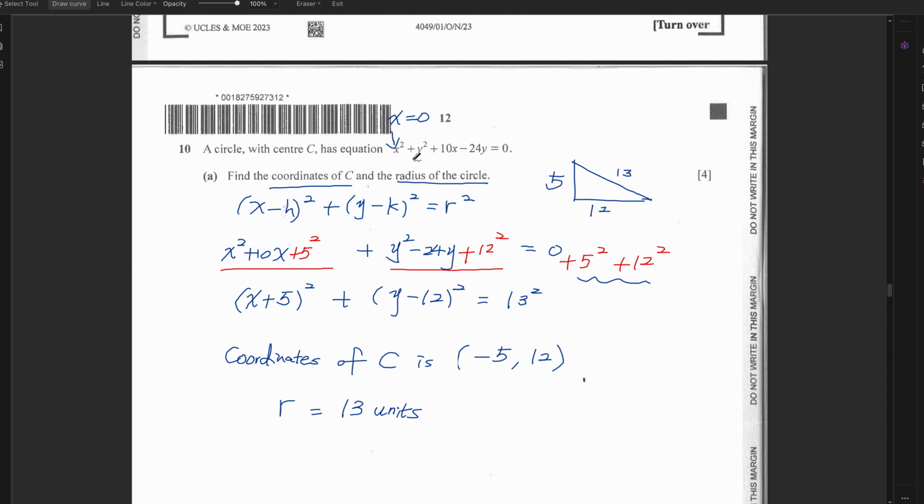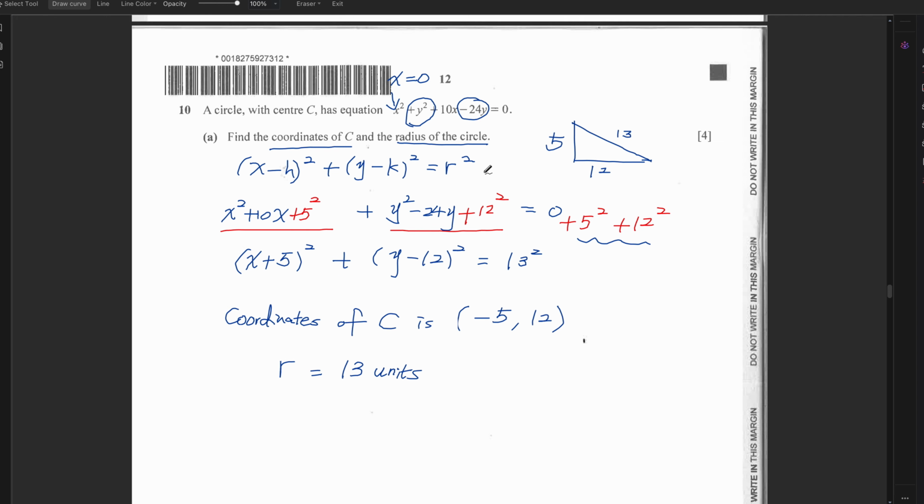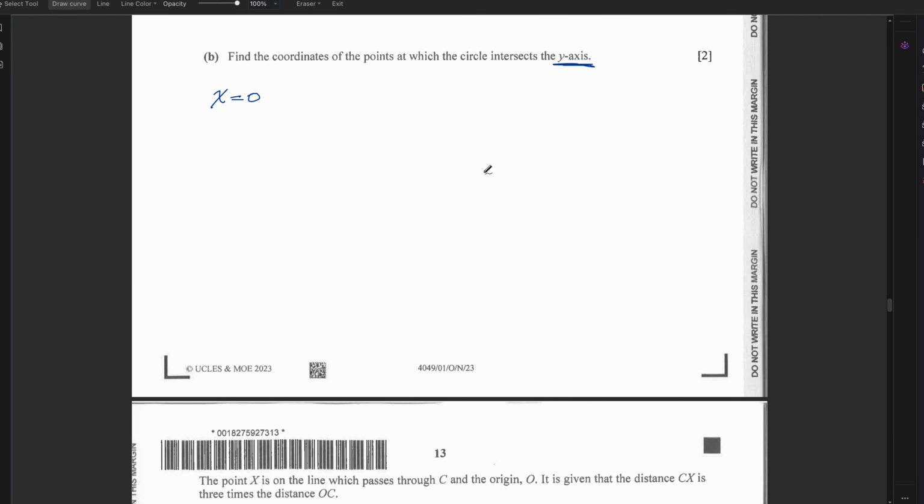You'll be left with y² − 24y = 0. Take out the y, you have y(y − 24) = 0. Your y is 0 or 24.